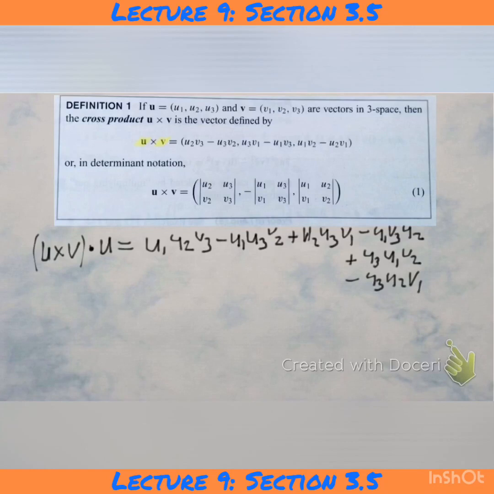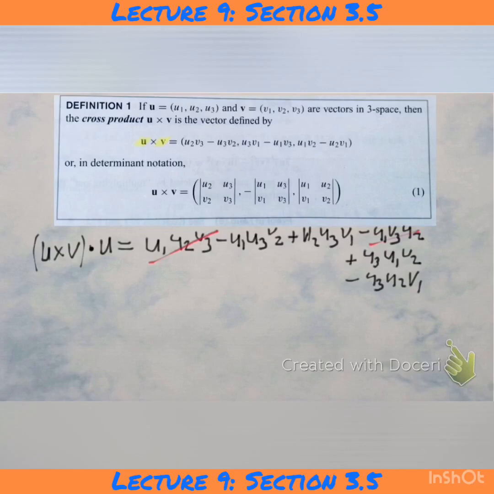Now you can see that if you look at the first term, u1, u2, v3, this term here cancels with that term there.